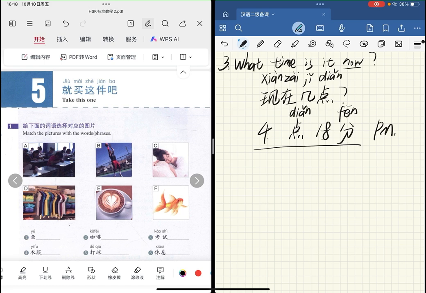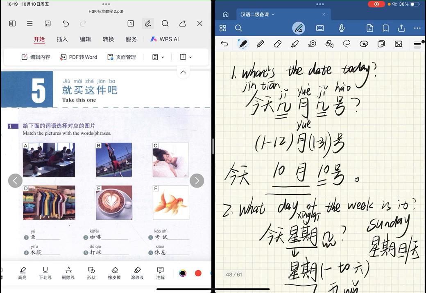We also just add a number before the 点 or before the 分. So the answer is, 现在几点？现在4点18分。Or sometimes the 分 can be omitted. Just say 4点18, it's okay.